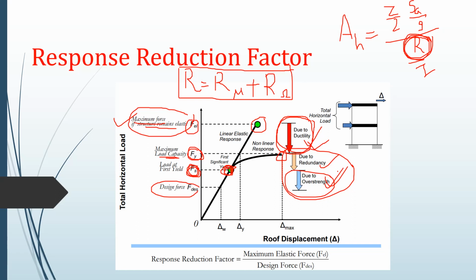We perform ductile detailing and we confine the concrete in our structure. There is some confinement performed while detailing our structure, and that confinement of concrete also improves its strength.